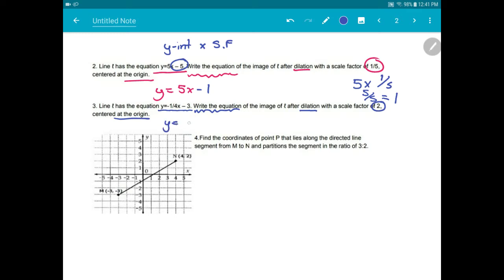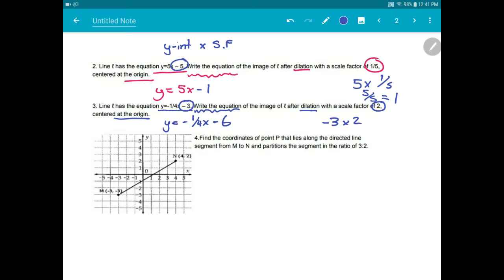So we're going to get y is equal to negative 1/4 x. And all we have to do is look at the y-intercept, and we're going to multiply it, negative 3 times 2. Negative 3 times 2 becomes negative 6, and we have our answer.